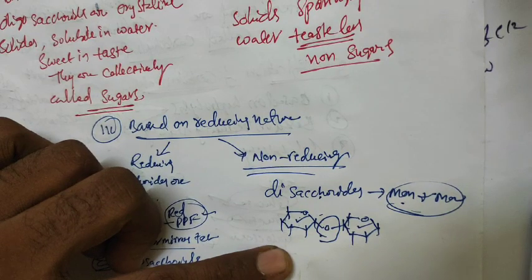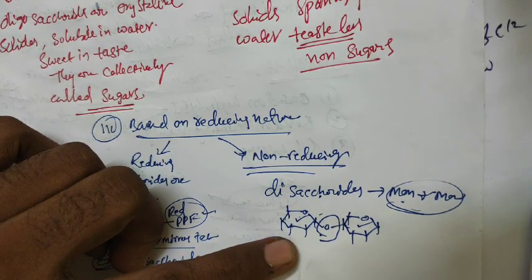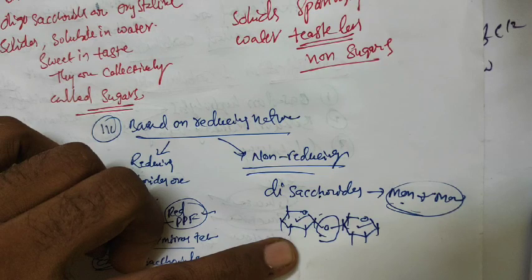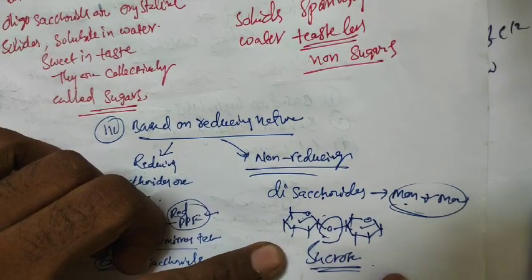In a disaccharide, the aldehydic or ketonic groups of the two monosaccharides are bonded, so they are non-reducing sugars. Example: sucrose. Sucrose is non-reducing.